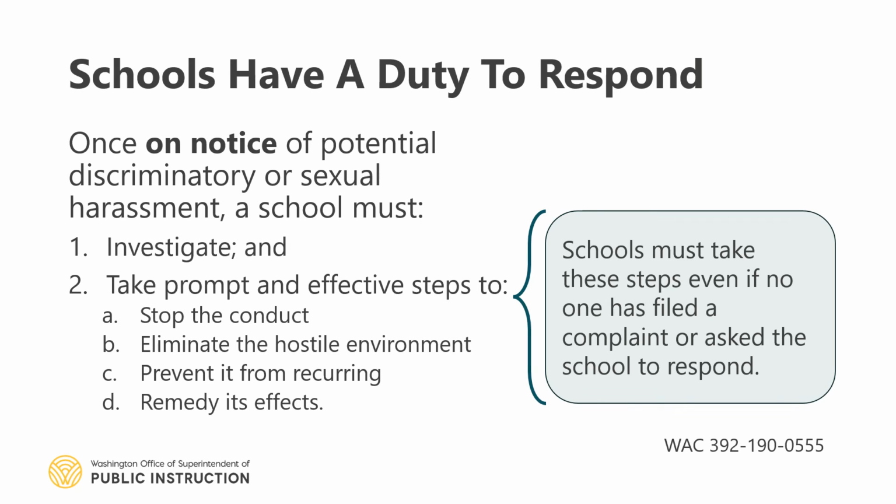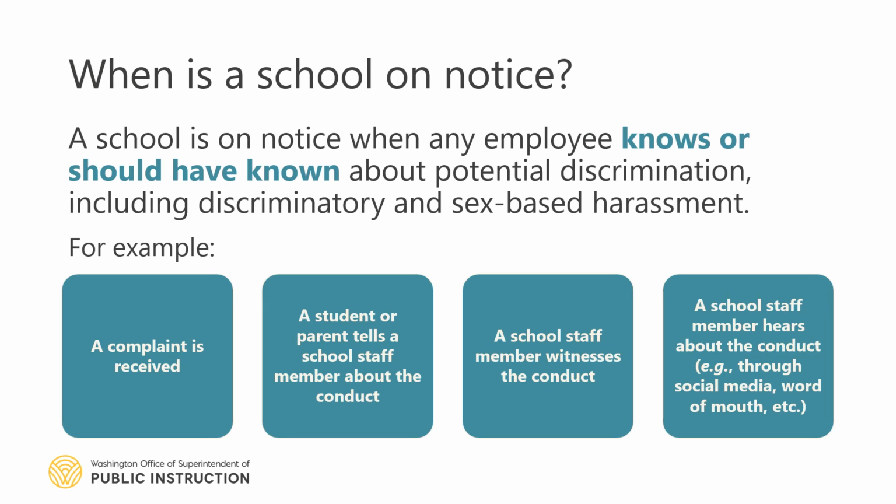The school must take these steps regardless of whether anyone has filed a complaint or asked the school to respond. What does it mean to be on notice? The term on notice is quite broad, meaning any time a school employee knows or should have known about the potential discrimination.